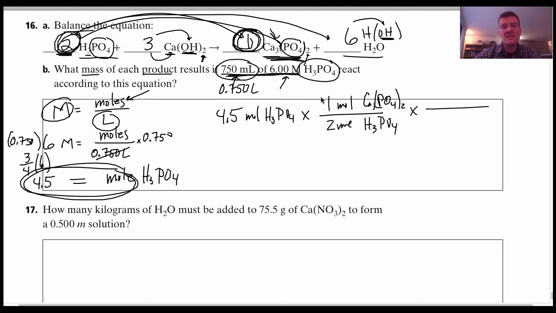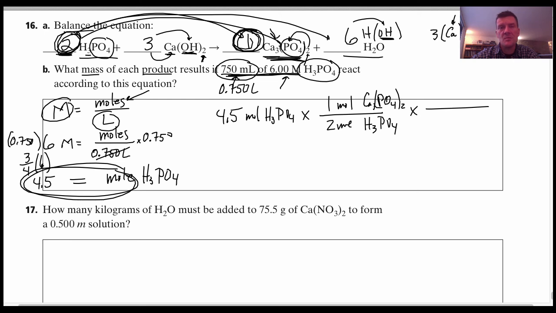Well, the mass of calcium phosphate, the molar mass, we have to look on the periodic table. I'm going to let you do this. You got to look up calcium. You got to have 3 calciums. Look on the periodic table, find the molar mass of calcium. You have, see this 2 right here? This applies to everything in that group. 2 phosphorus, so 2 phosphorus.